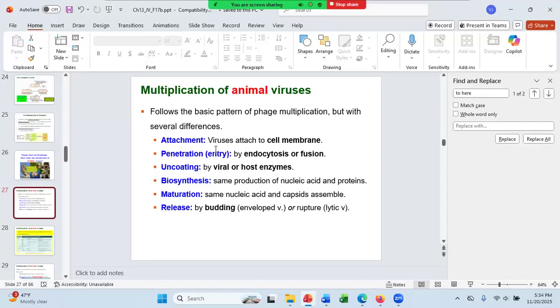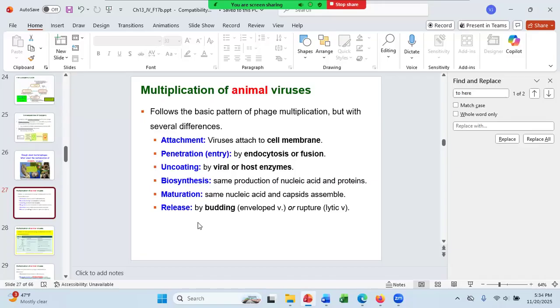So penetration can be different. Uncoating can be a little different, not terribly. Biosynthesis will be pretty much the same. You get production of the viral nucleic acid and production of the viral proteins. Maturation will be very similar. You'll get the nucleic acid stuffed into the virus, and then the viral capsids will self-assemble.